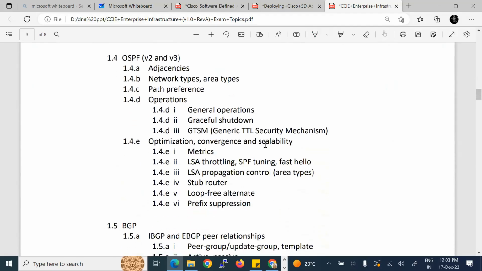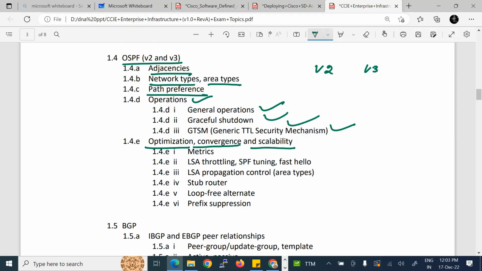Then OSPF, version 2 and version 3. In OSPF, we don't have types; we have versions, version 2 and version 3. Adjacencies, network types, area types, path preference. Then we have operations, again the same thing: general operation, graceful shutdown, and TTL security mechanism.